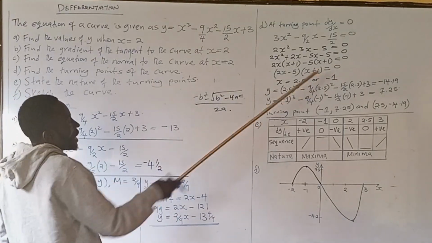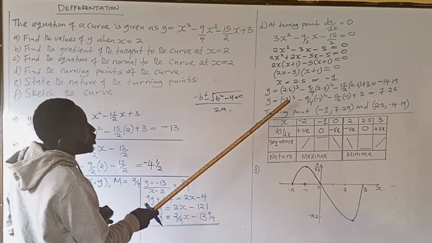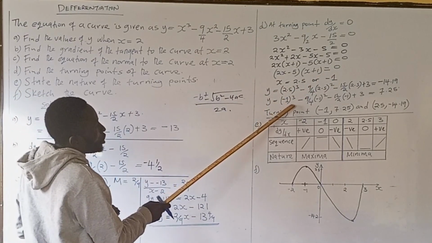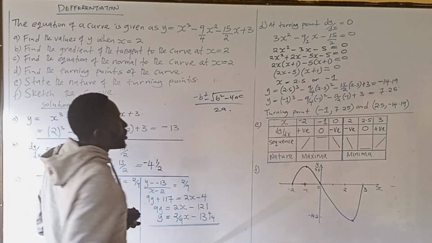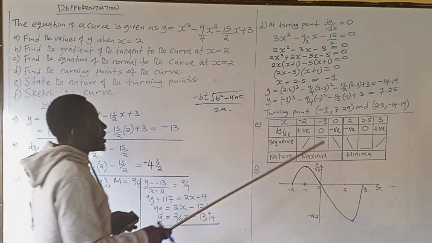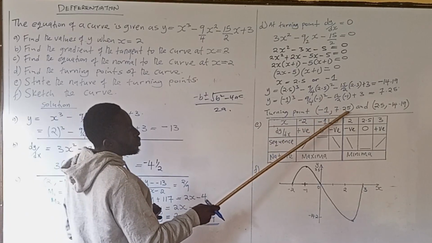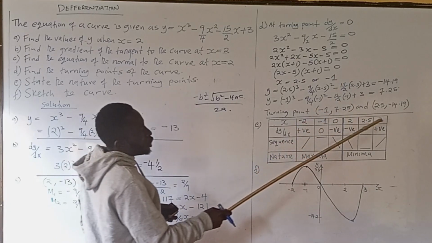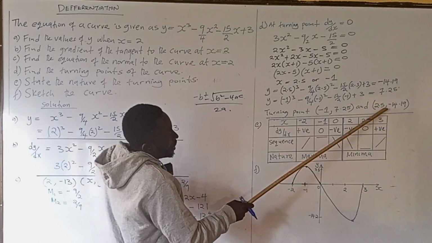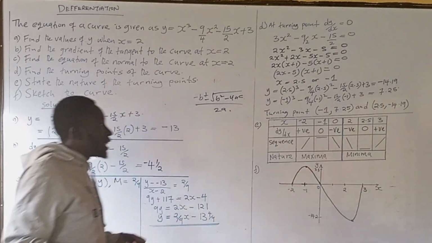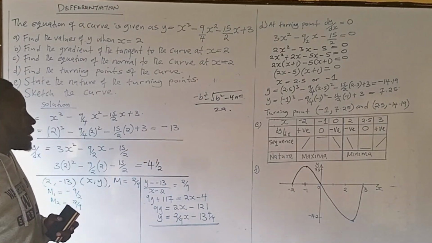When x is negative 1, you replace with the negative 1, and you get 7.25. So our turning points: when x is negative 1, y is 7.25, and when x is 2.5, y is negative 14.19. So that is how we get turning points.